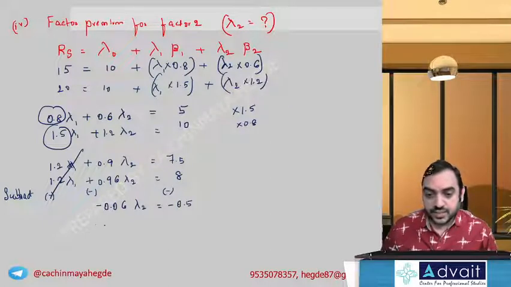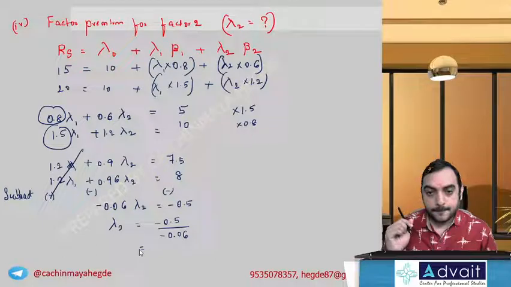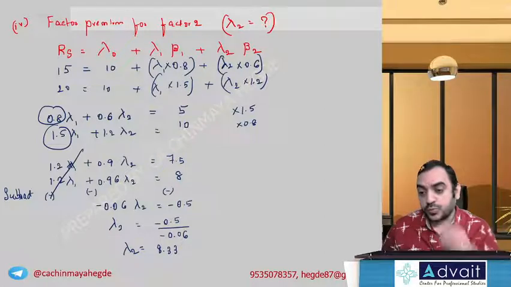So minus minus gets cancelled basically. So lambda 2 is minus 0.5 divided by minus 0.06. Then you get 8.33 for lambda 2. So the factor premium for factor 2 is 8.33.